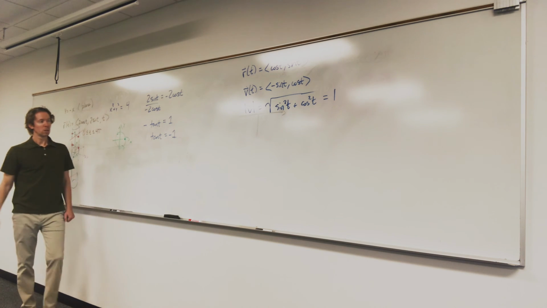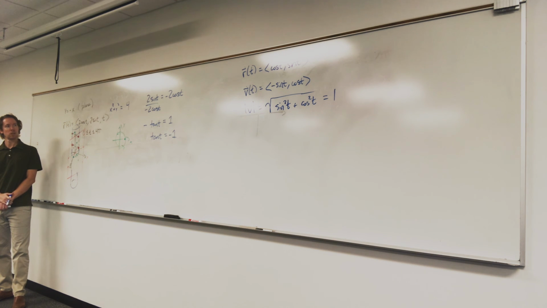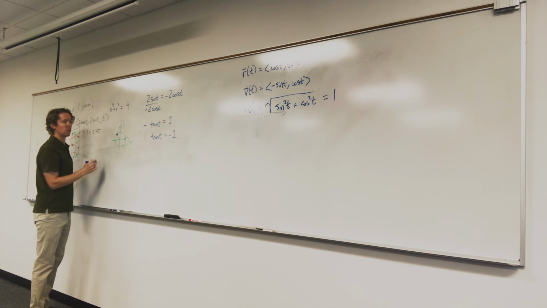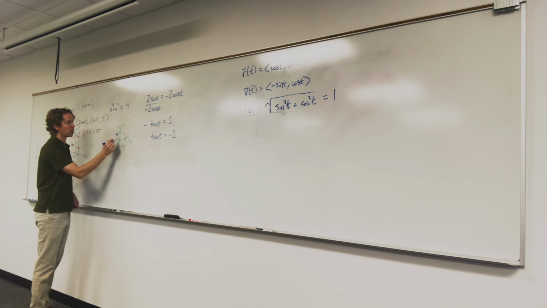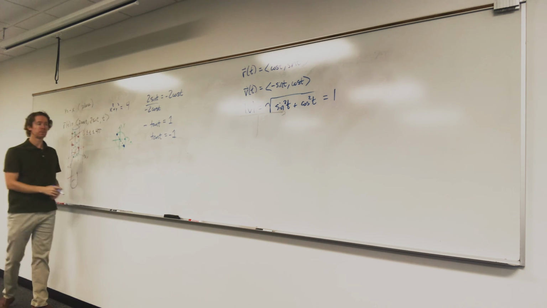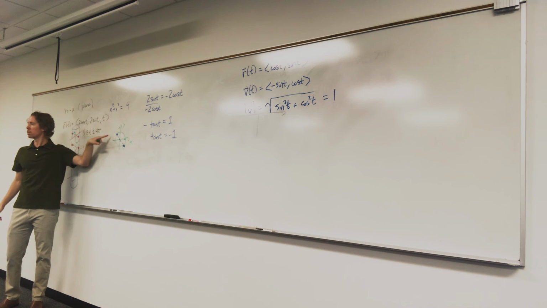Okay, good. What are the values of t that make that true? 3 pi over 4 and 7 pi over 4. Okay, good. So you said 3 pi over 4 and 7 pi over 4? Do you believe that tangent is equal to negative 1 at those 2 points?